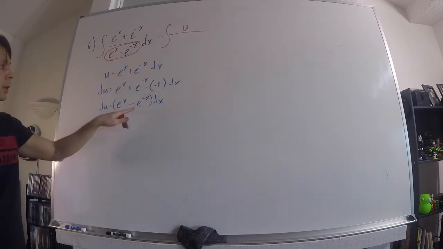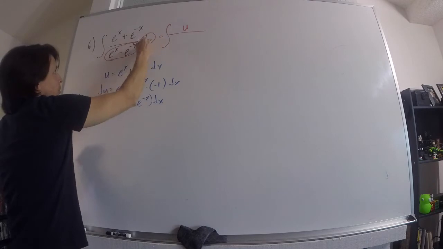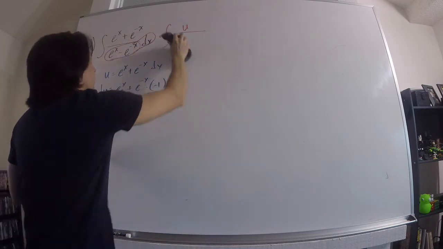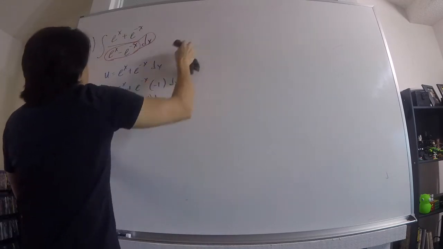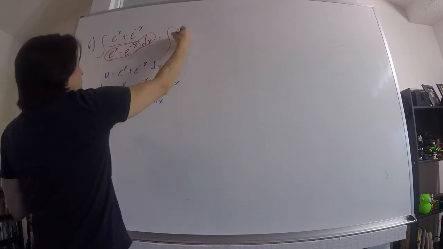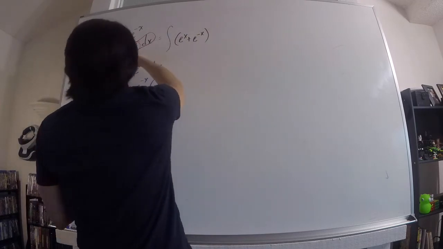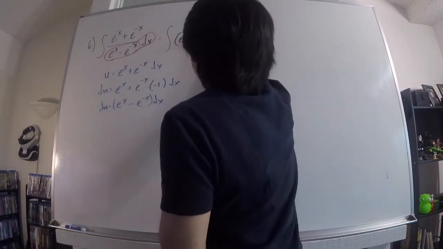And so I don't exactly have that. So it's not working out. This together with this, let me rewrite it. Splitting it up, I have my numerator. And then this e to the x minus e to the negative x is on the bottom.